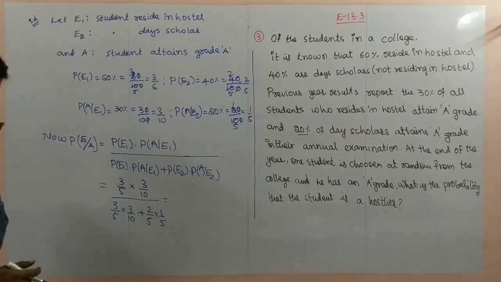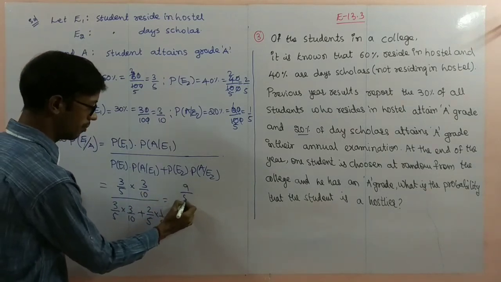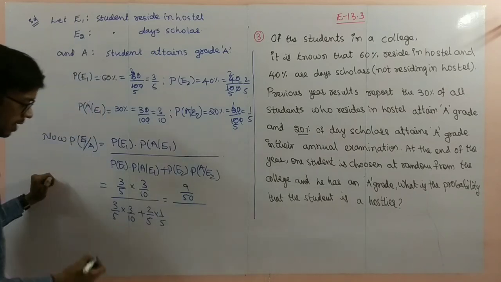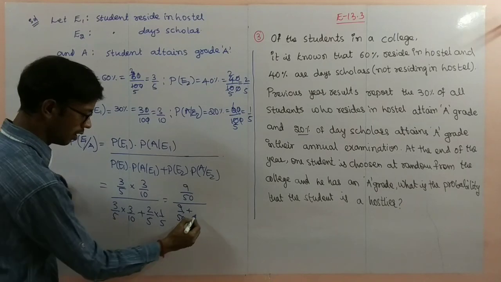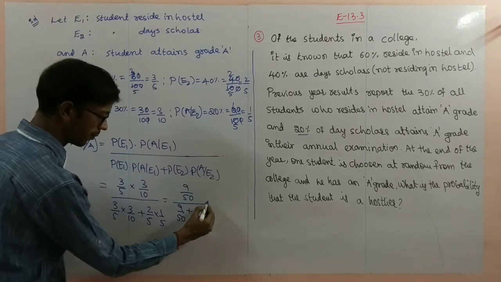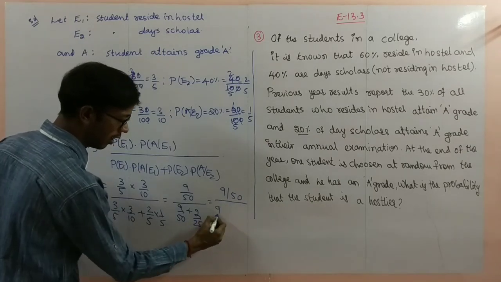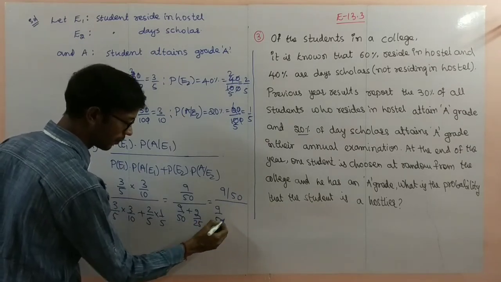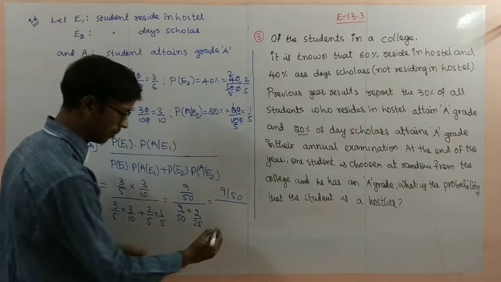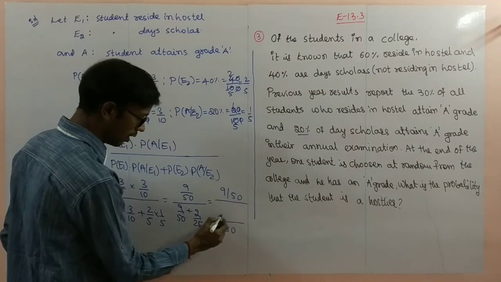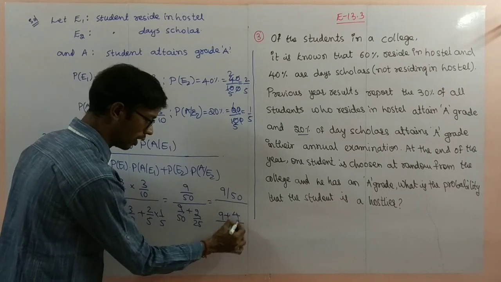Now we have to make the simplification. 9 by 50 divided by 9 by 50 plus 2 by 25. Here take the LCM, which is 50. 9 plus, 2 multiplied by 2, 2 2s are 4, you will get.